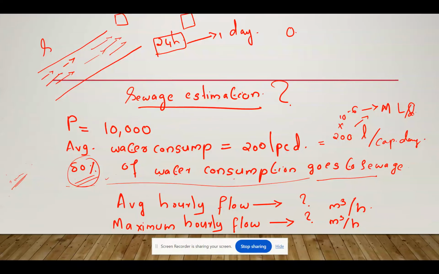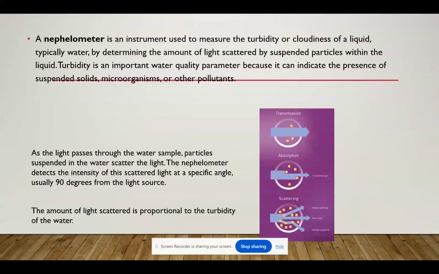What happens at night? If you consider night, most people will sleep, or the activities will be minimum. So at that time the flow is minimum, right? Can you relate to that?